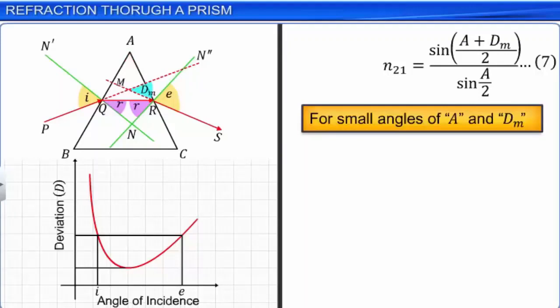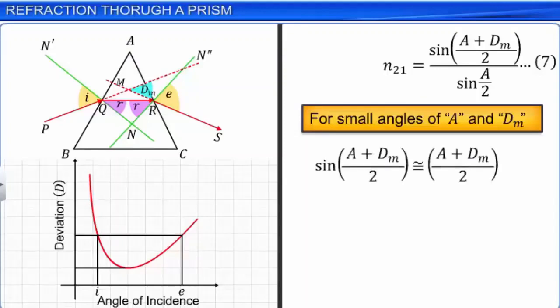Substituting these values in equation 7, we get N21 is equal to (A plus dm) by 2 by A by 2. On simplification, we get dm is equal to A into (N21 minus 1). Therefore, for prisms of small refracting angles, minimum deviation is small and is independent of the angle of incidence.